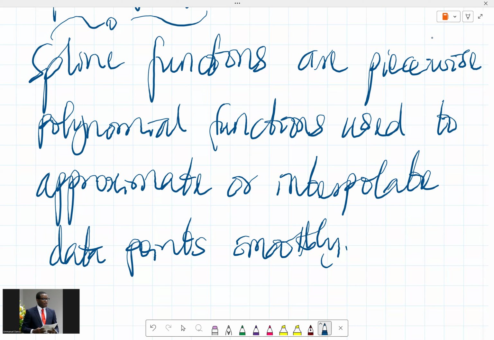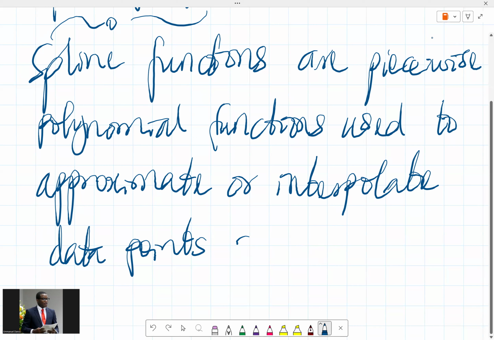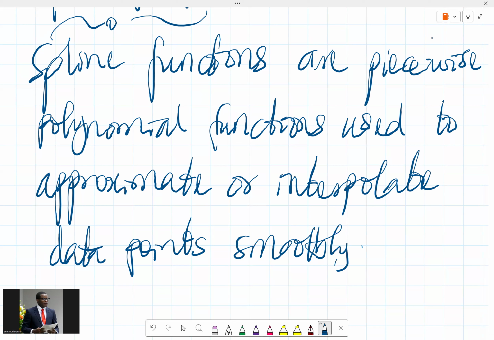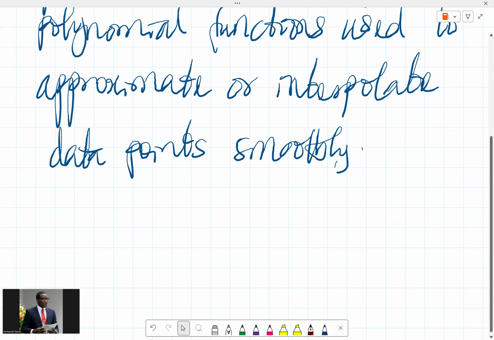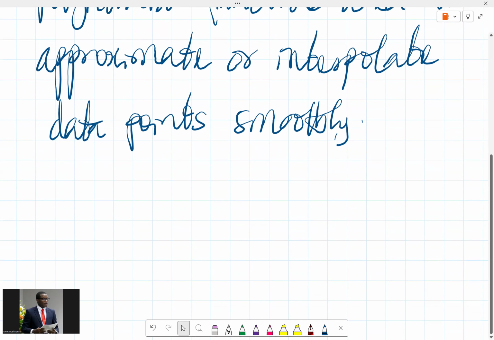The whole idea of interpolation is that you have a few data points, and you want to create an expression that can help you, using those few data points, to get other data points. So that's basically what the idea of interpolation is about. Spline functions are piecewise polynomial functions used to approximate or interpolate data points smoothly.